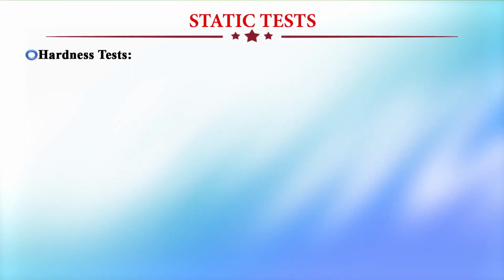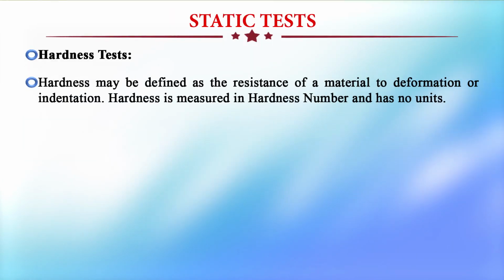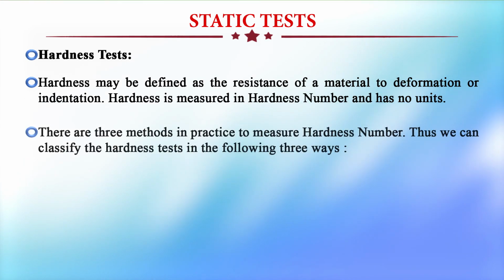The next one is the hardness test. Hardness may be defined as the resistance of a material to deformation or indentation. Hardness is measured as a hardness number and has no unit. There are three methods in practice to measure hardness number.